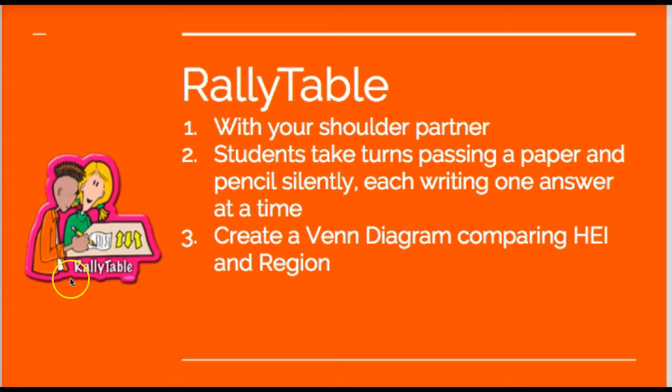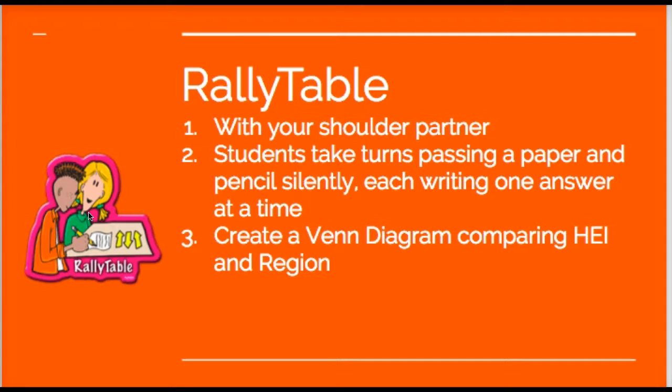The boy would write, in this group, he's going to write something down, 1 thing. So he's going to fill in 1 thing. Then he passes that pencil, that paper to his partner. She fills in 1 thing. The trick is they're not talking to each other. They're not talking at all. They're just watching the other person write because you can't write the same thing. You have to write a different thing.